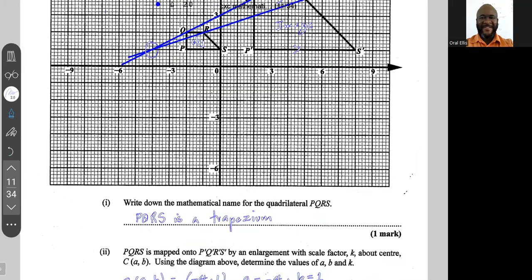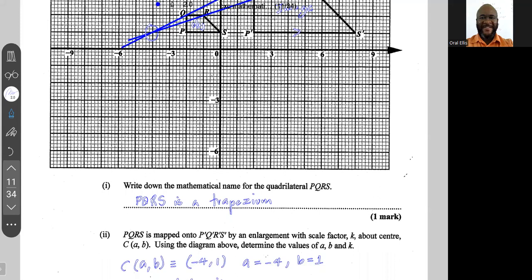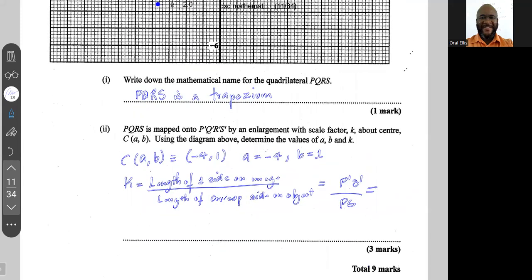And the length of PS is 1, 2 units. So K, the scale factor, is 6 divided by 2. K is positive 3. And the scale factor is positive when the object and image are on the same side of the center of enlargement.